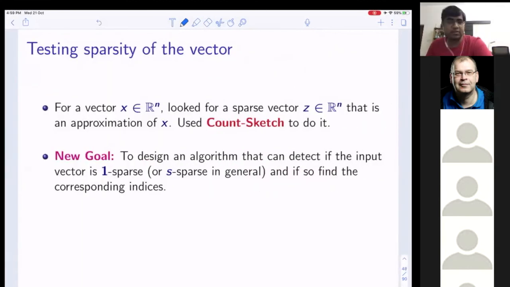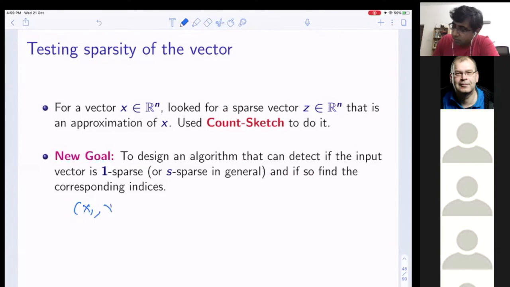But now our question is slightly different. We would like to design an algorithm that can detect if the input vector is 1-sparse or s-sparse in general, and if so, find the corresponding indices. Is the question clear?